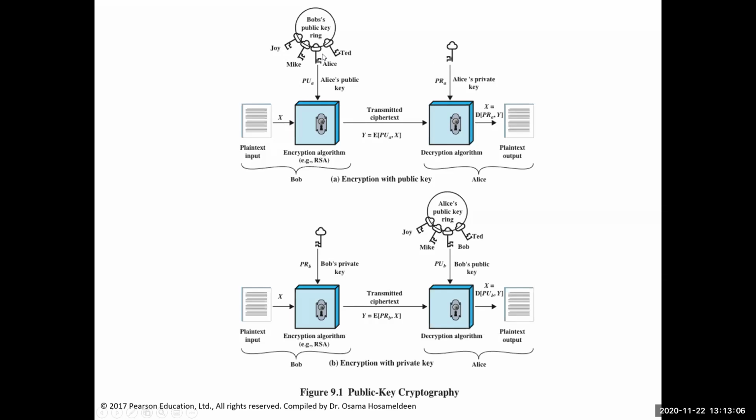This is one way. There is another way of having the same effect, but in a different way. Bob can use his private key to encrypt the plain text using the encryption algorithm, and then Alice will use the public key of Bob to decrypt the message.